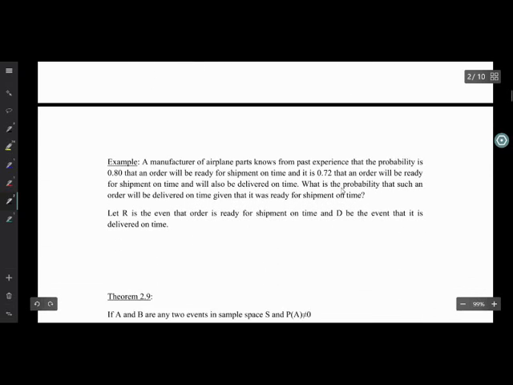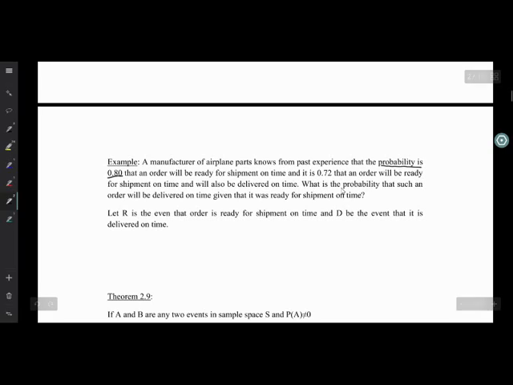Here's another example. A manufacturer of airplane parts knows from past experience that the probability is 0.8 that an order will be ready for shipment on time. So it is given that the probability is 0.8 or 80%.